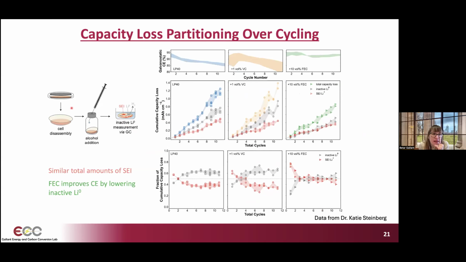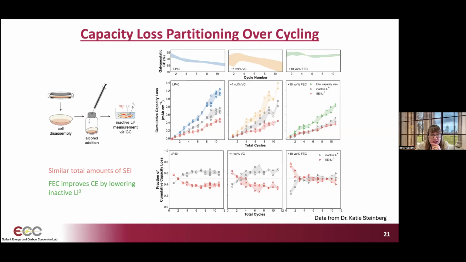And so we did exactly that. We took parallel samples and did our titrations. Here we focused so far principally on the partitioning between dead lithium and SEI. In each of these graphs on the top, you see a representation of the cycling stability. In the middle graph, for each electrolyte, the blue or the yellow or green are the total accumulated capacity loss.